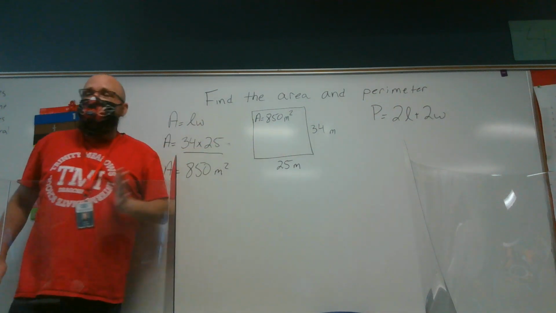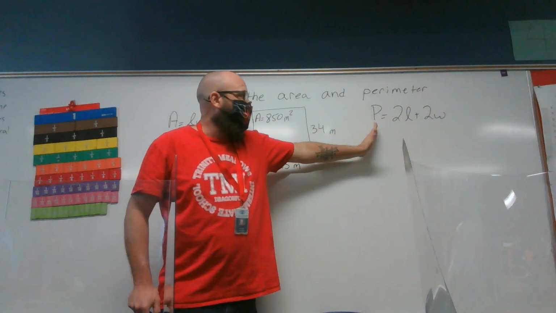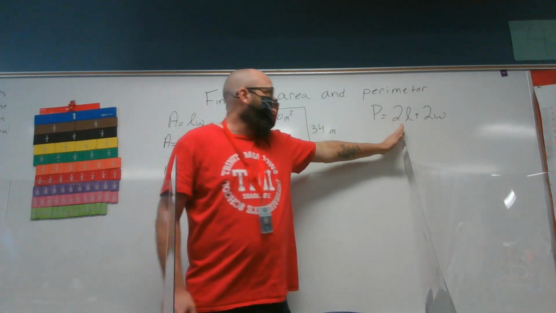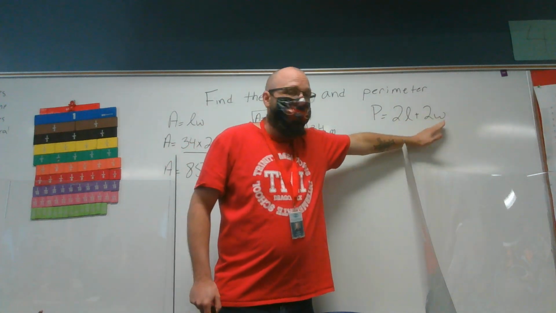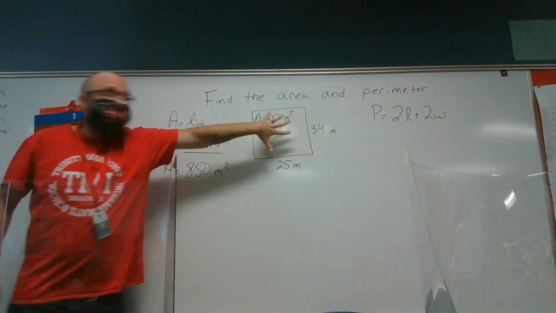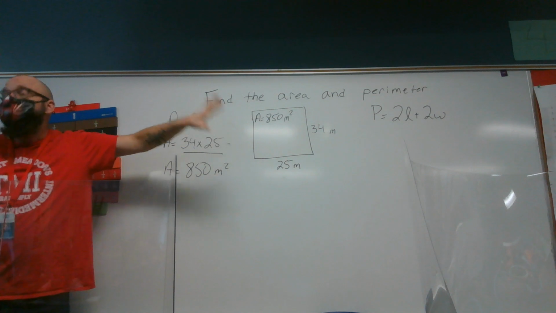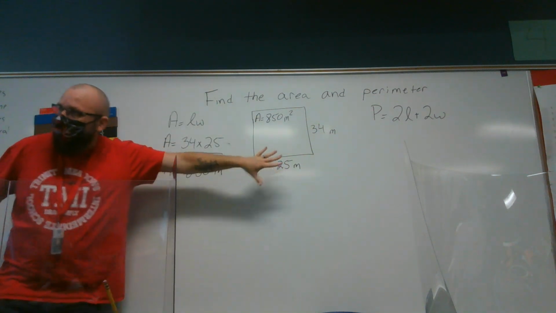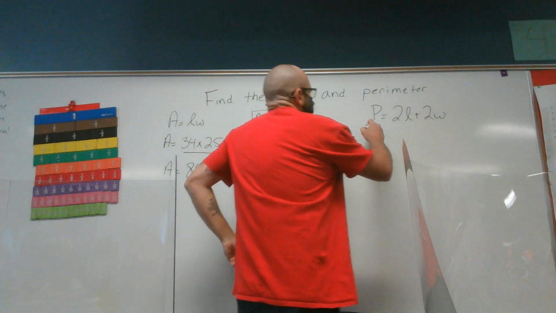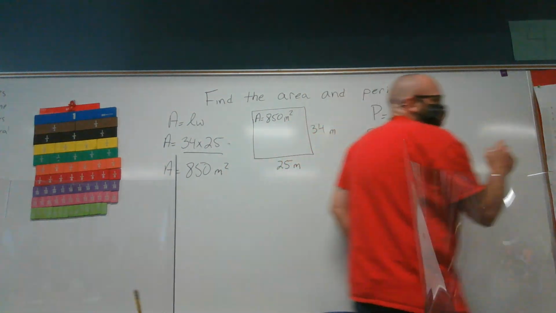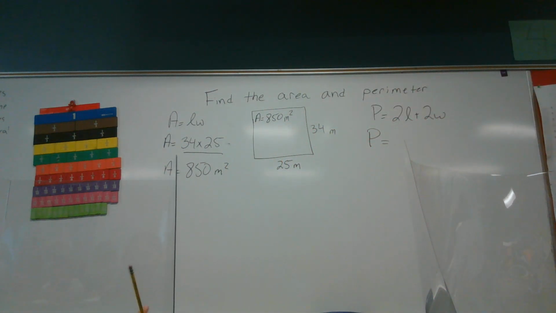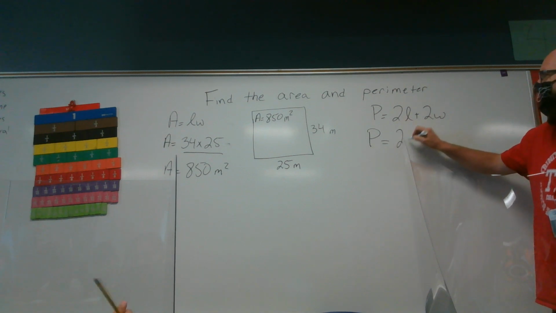So the perimeter of a rectangle, we have P, perimeter, equals 2 times the length plus 2 times the width. Does this give us the perimeter right now? Do we have the perimeter right now? No. So we're going to rewrite our formula, and we're going to replace what we know.